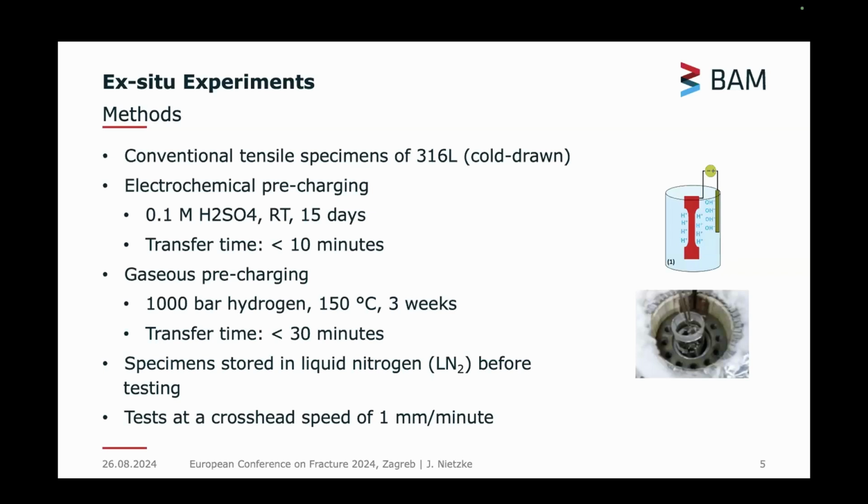And then we got out the samples, put them into liquid nitrogen, and did the test afterwards. Of course, we brought them back to room temperature again. All of this was a usual tensile test, so no slow strain rate, but 1 millimeter per minute cross-head speed. And we got a more or less comparable amount of hydrogen in this specimen.